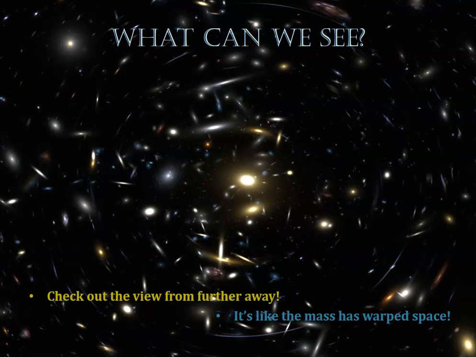Can you see from far away the light that's orbiting an enormous mass between us and the star? Even though you can't see the enormous mass, you can see the star. Can you see the light traveling in the curved path? It's crazy, isn't it? I thought light always traveled in straight lines. Well, it does.